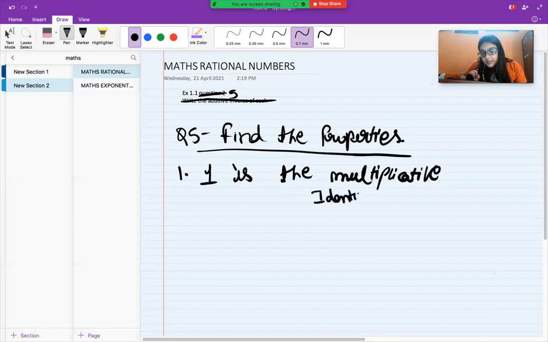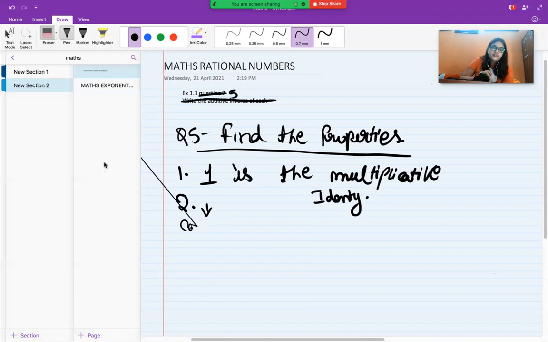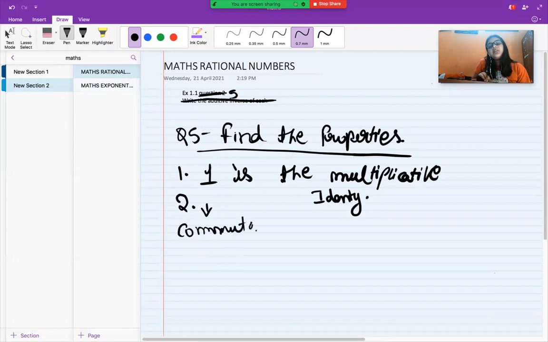Then we go to the second part, which is the commutative property.